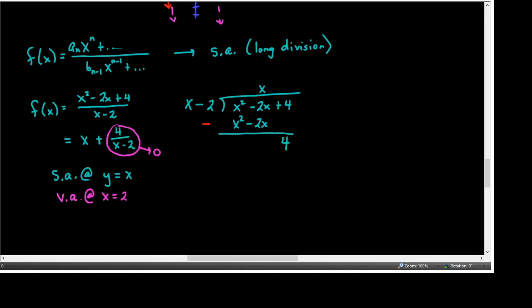And so if we were to graph this, let me put several marks on here. We're going to have a vertical asymptote at x equals 2.